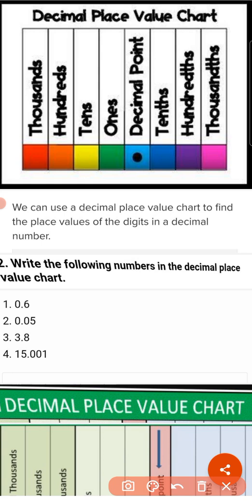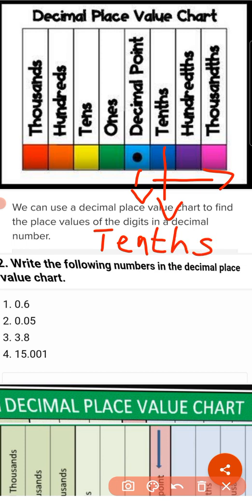But we need a place value chart like this to represent a decimal number. When we move to the right side of the decimal point, the first place is known as tenths, T-E-N-T-H-S.